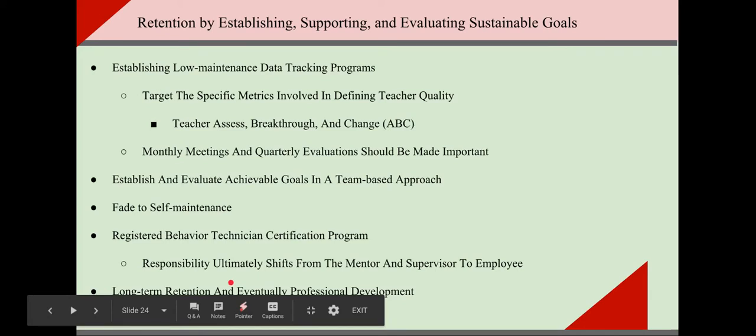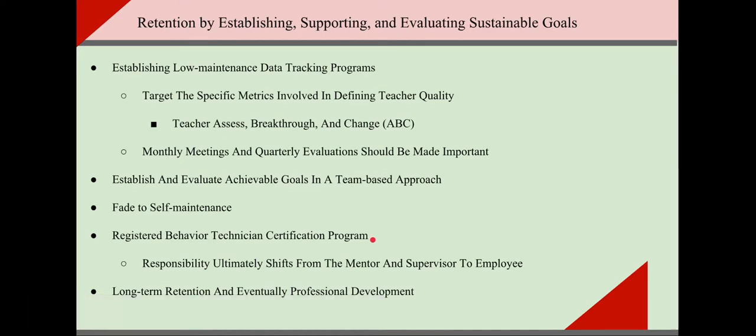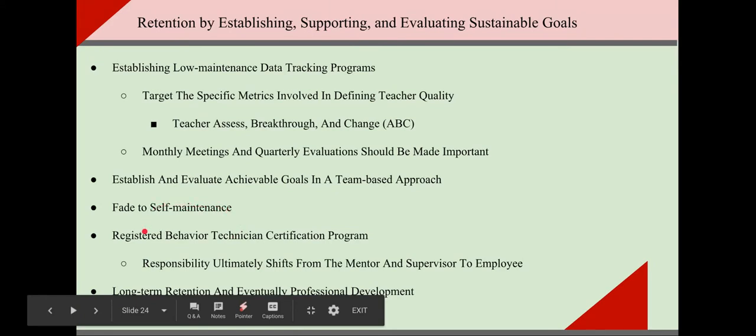So our responsibility should ultimately shift from the mentor and supervisor to the employee in this registered behavior certification program, because you've got the opportunity for leading them to the certification, but this will assist in making it because they'll have to have their supervisions, they'll have to have their ongoing continued education. It will allow for a little bit more of that fading to self-maintenance to occur.